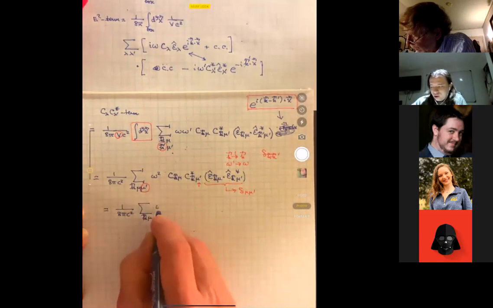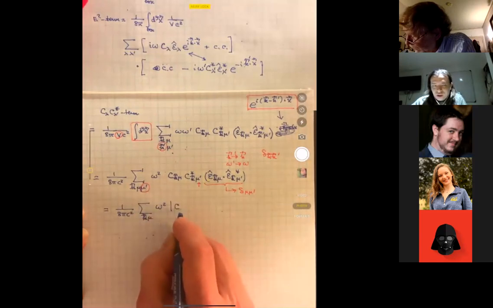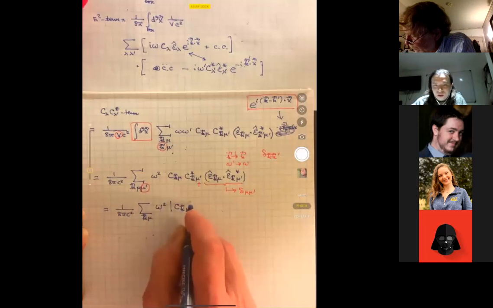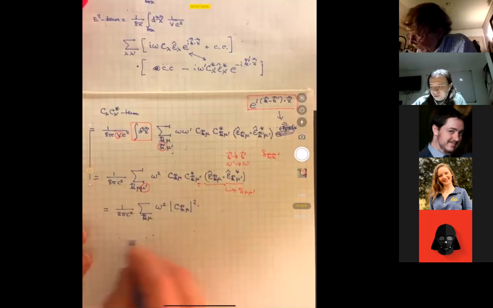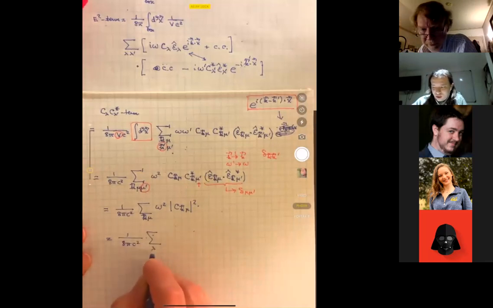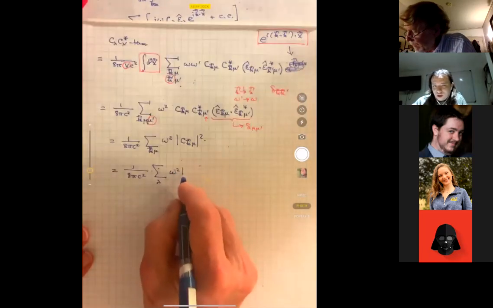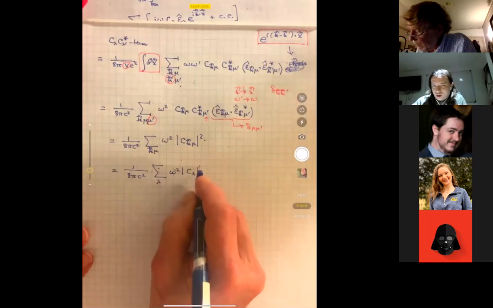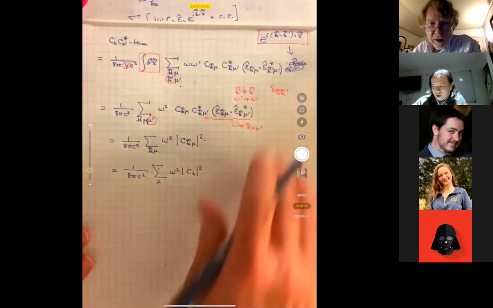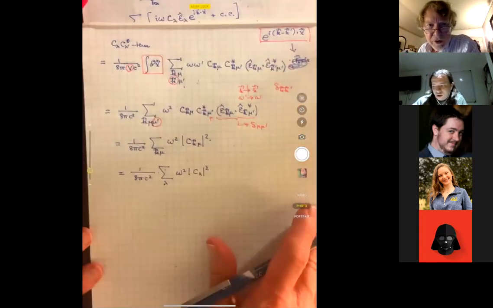We have omega squared like this, and then the absolute value of C k mu squared. And if I change notation slightly, it becomes 1 over 8 pi c squared sum over mode indices lambda, omega squared times the absolute value of C lambda squared, like so. All right. So this is just one of four.